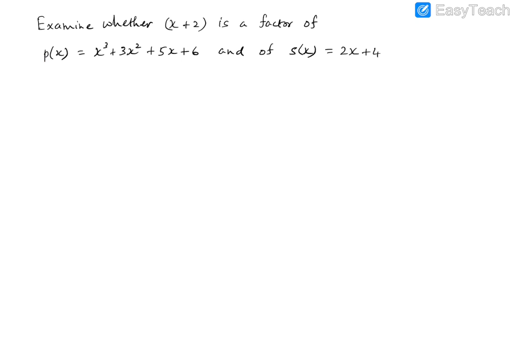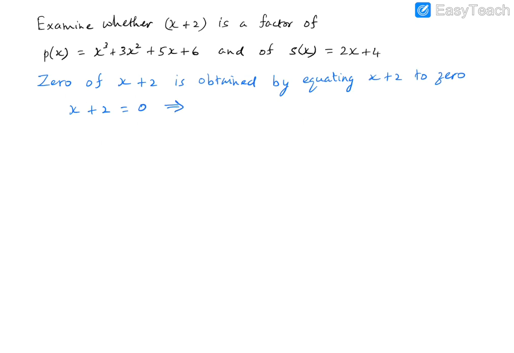The 0 of x plus 2 is obtained by equating x plus 2 to 0. So that means when we put x plus 2 equals 0, we get x equals minus 2.